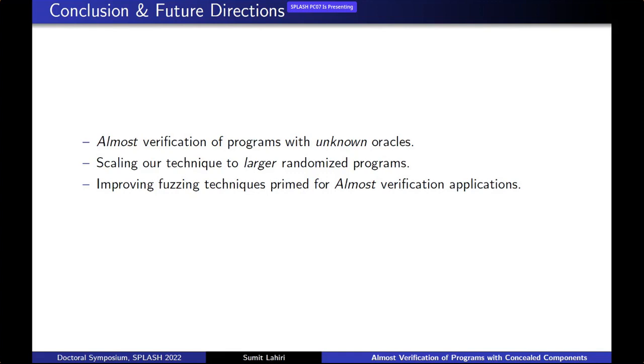In such cases we would have to resort back to the normal verification techniques, but for those programs that would not work, because I have to give the logical specifications for all the concrete components that I have. So instead of that, can we do something in the middle? That's what we are trying to find out.